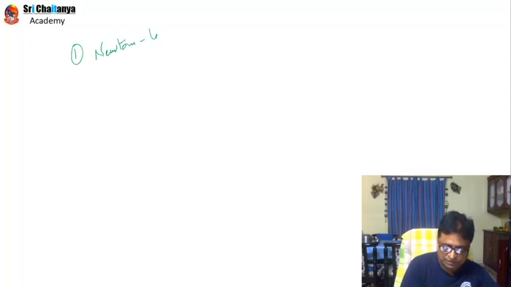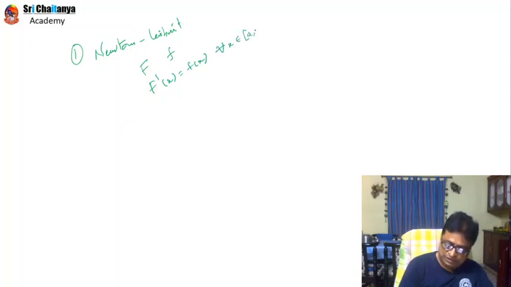Number 1, the first property is Newton's Leibniz formula. In this formula, capital F and small f are two functions defined in the closed interval [a, b] such that capital F dash of x is equal to small f of x for every x belonging to the closed interval [a, b].